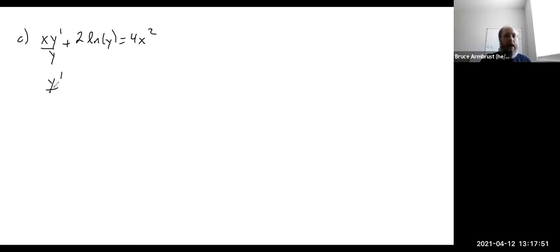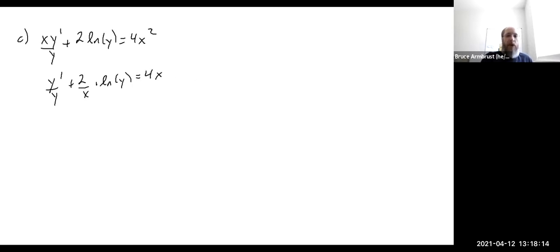I'm going to move that x out of the way because the form for the substitution we wanted needed to have just, I think it was called g prime times y prime plus something times g.